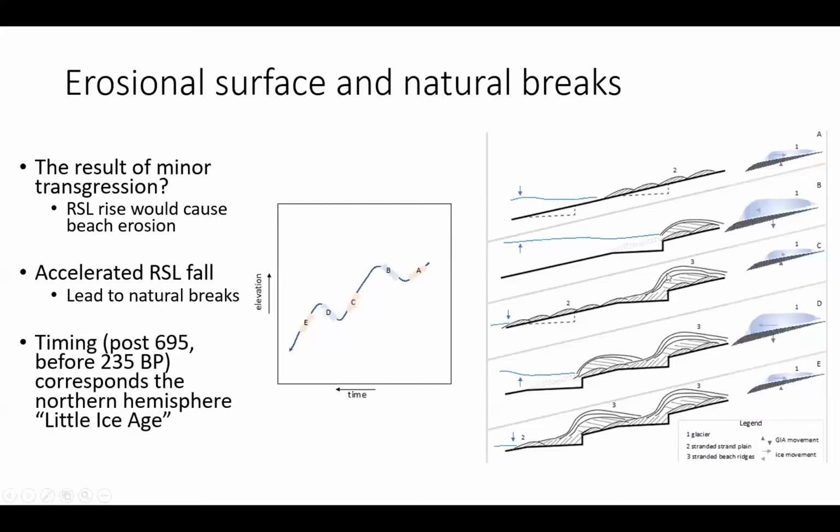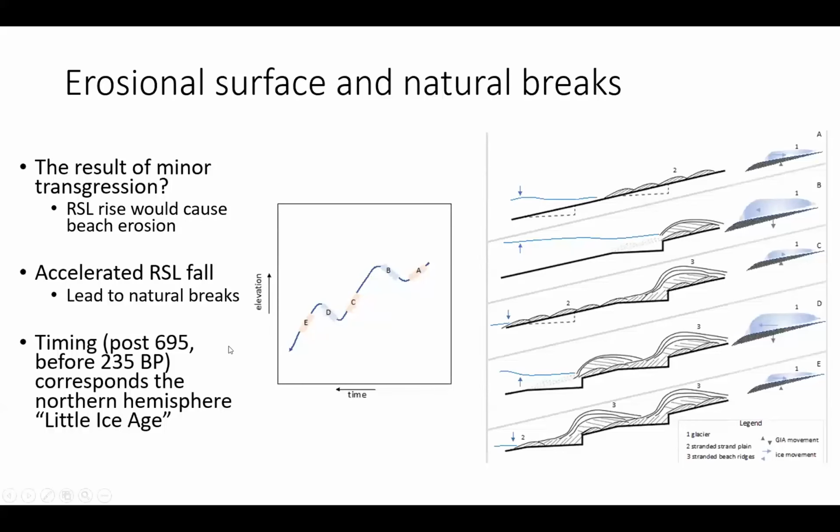We get accelerated sea level fall and the draping of those scarps with beach deposits, and then it continues as we still see the relaxation from the LGM. And then it repeats again during the next oscillation. And so what we see, instead of this exponential decrease in the rate of sea level fall, is that it's interrupted by these minor transgressions during the Holocene.